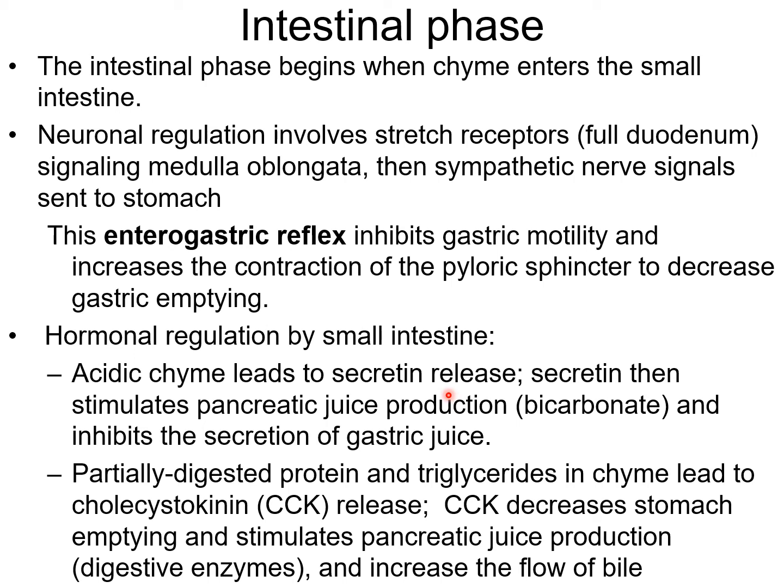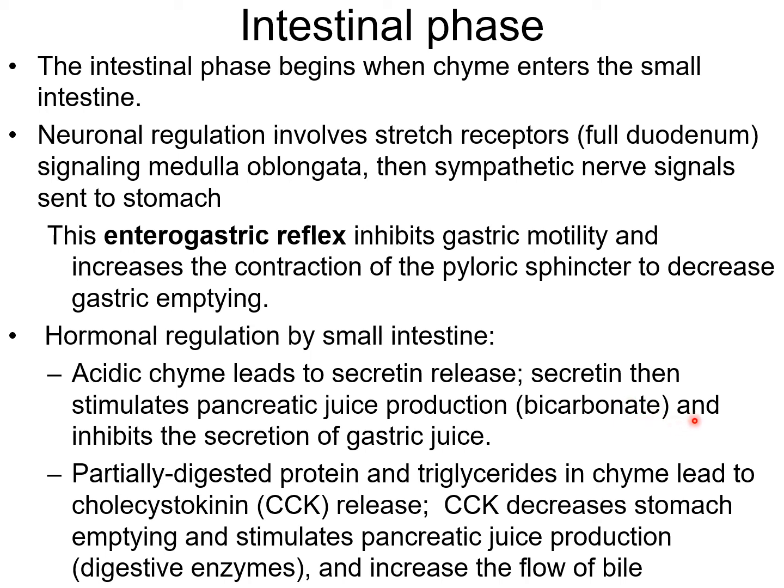Now secretin is trying to increase the neutralization of this acidic pH. So secretin is going to stimulate the pancreas to produce more pancreatic juice, which will bring more of this neutralizing agent, bicarbonate, to the duodenum.